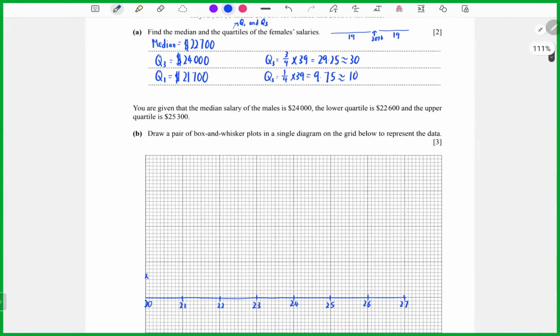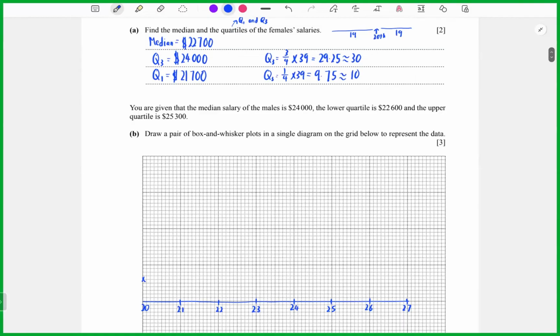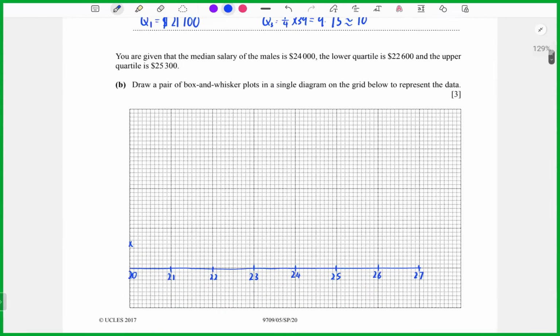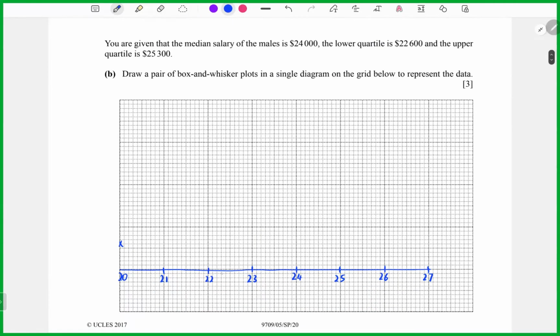Now we see the median, which is at 22,700. So we count 1, 2, 3, 4, 5, 6, 7, and mark it here.